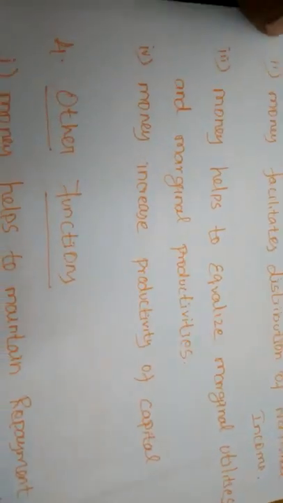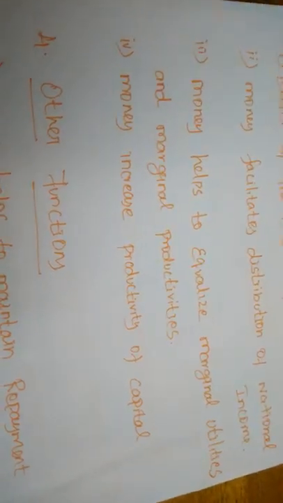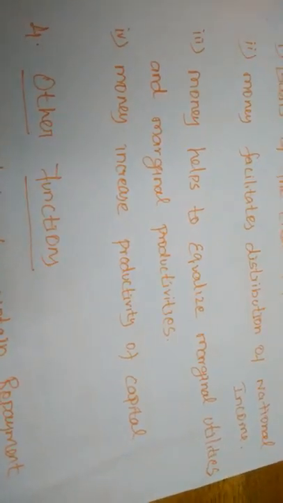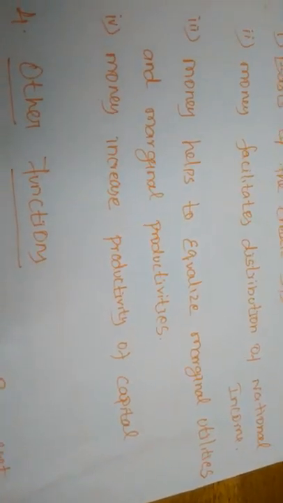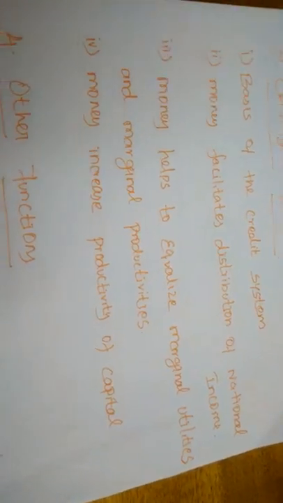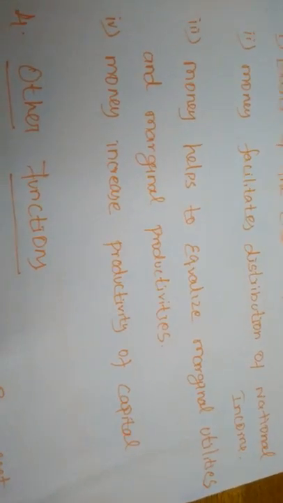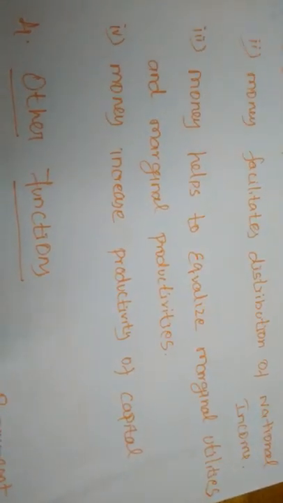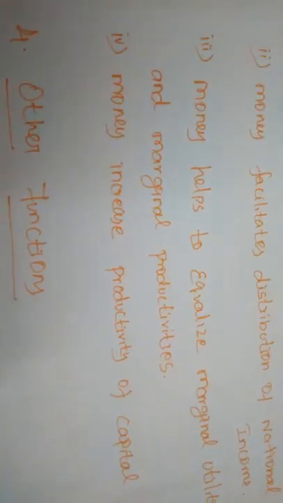Next, money increases the productivity of capital. Whenever the factors of production earn remuneration in the form of wages or profit, they make capital in other industries. When we set up other industries in the form of money, capital also increases. Whenever the capital amount is increased, it also leads to increased productivity of capital.